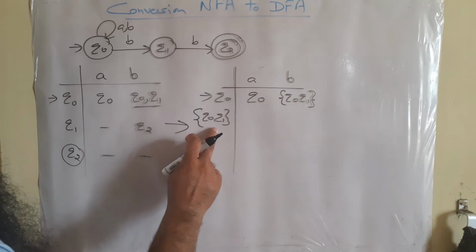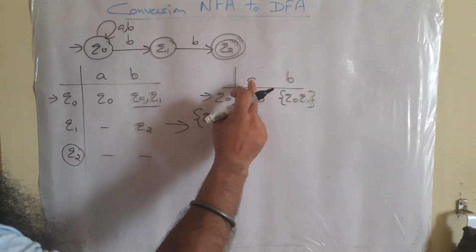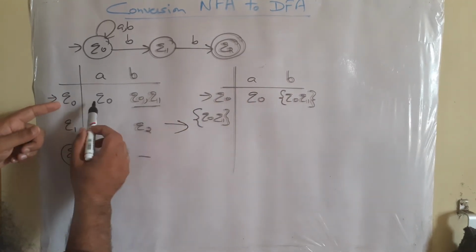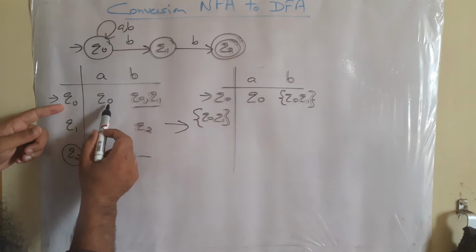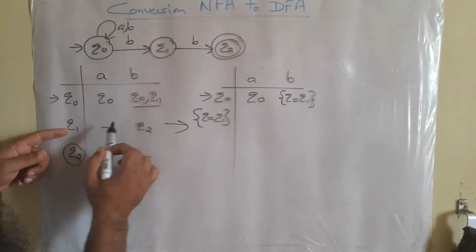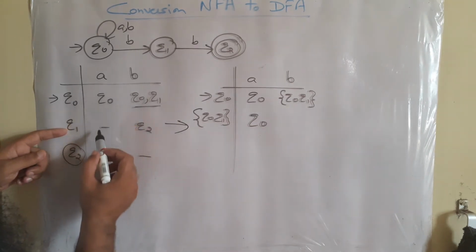Now you can see what the response is for the state Q0 Q1 with respect to A and B symbols. Q0 responds to A with Q0, and Q1 responds to A with no action, so we get Q0, the union of these two.